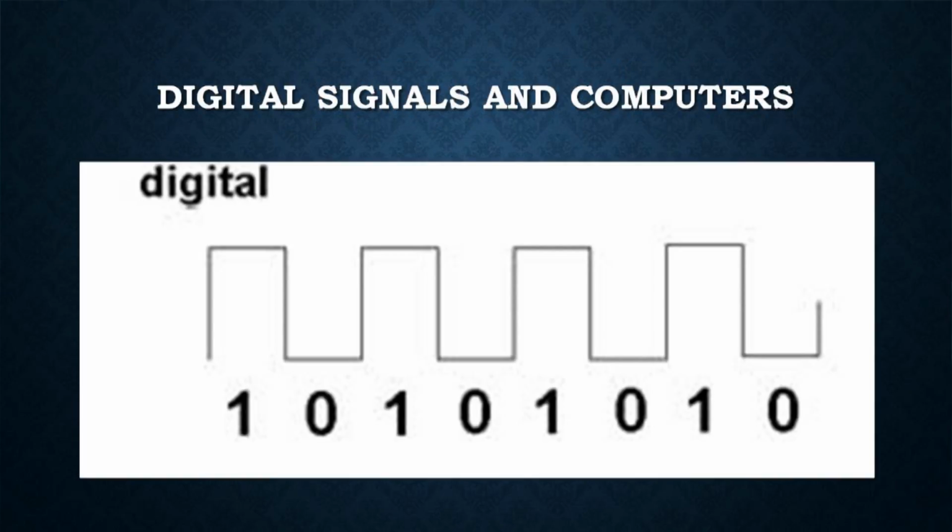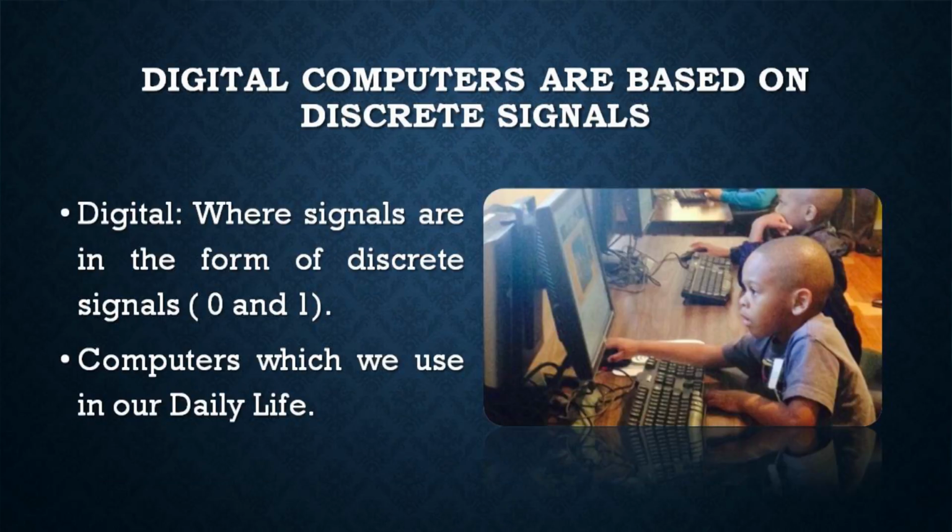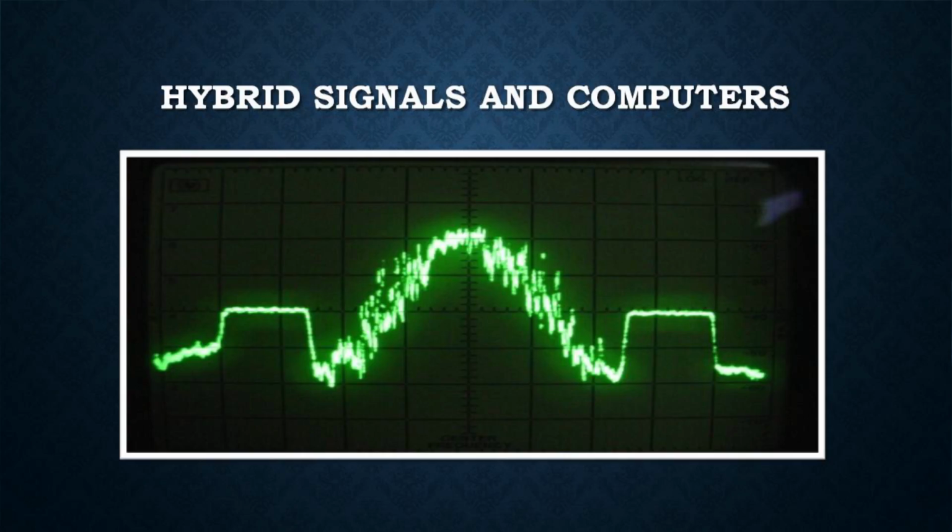Digital computers, on the other hand, have signals which are in the form of discrete numbers, 0 and 1 mainly. These are the computers which we use in our daily life, whereas hybrid computers control and combine both analog as well as digital signals.